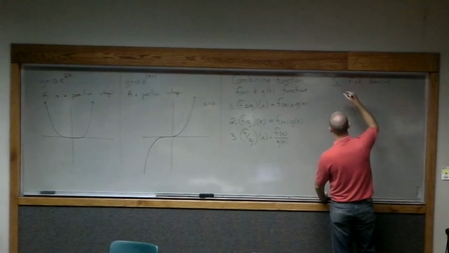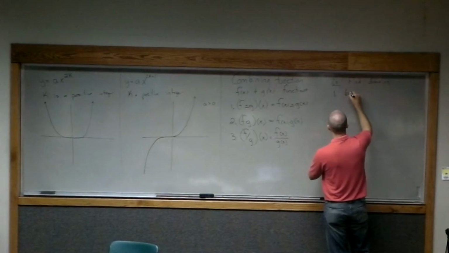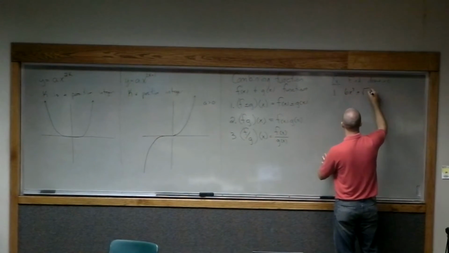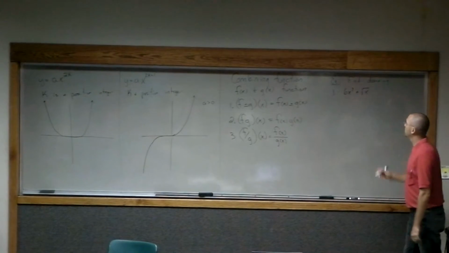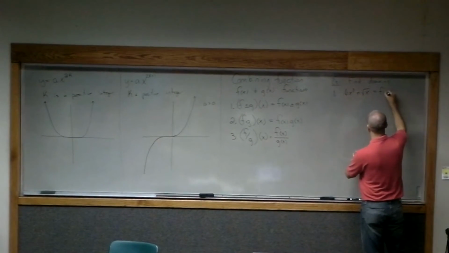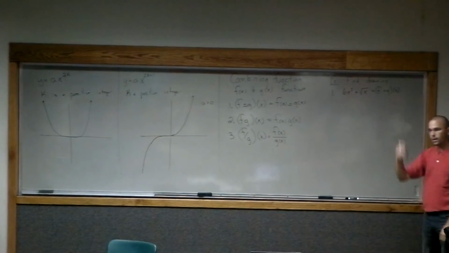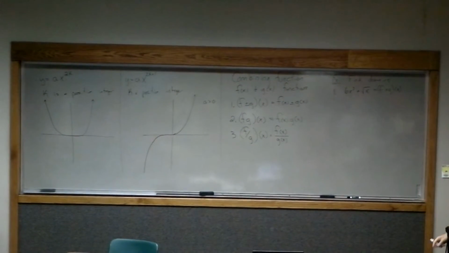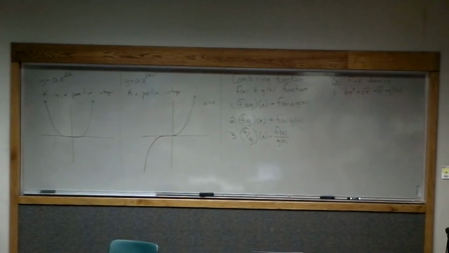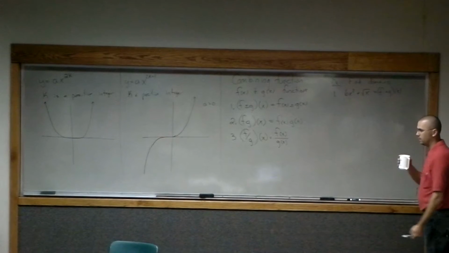First example, suppose we're looking at 6x squared plus the square root of x. Okay. If this is our f plus g of x, what values am I allowed to use in this function? What can I plug into 6x squared plus the square root of x?